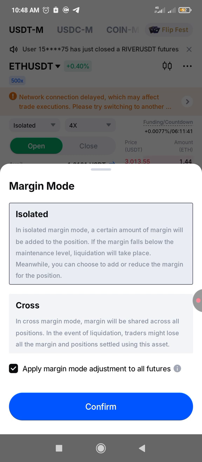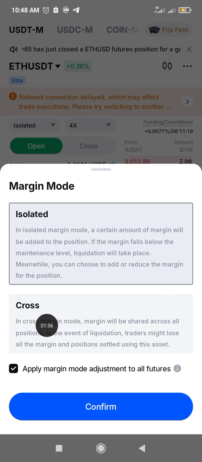Remember, trading futures carries a lot of risk, and I think you should be aware of that. However, if you still have some funds remaining and you didn't set a stop loss, it will automatically add those funds to your position so that you will not be liquidated. It will only happen for this particular trade that you are taking.